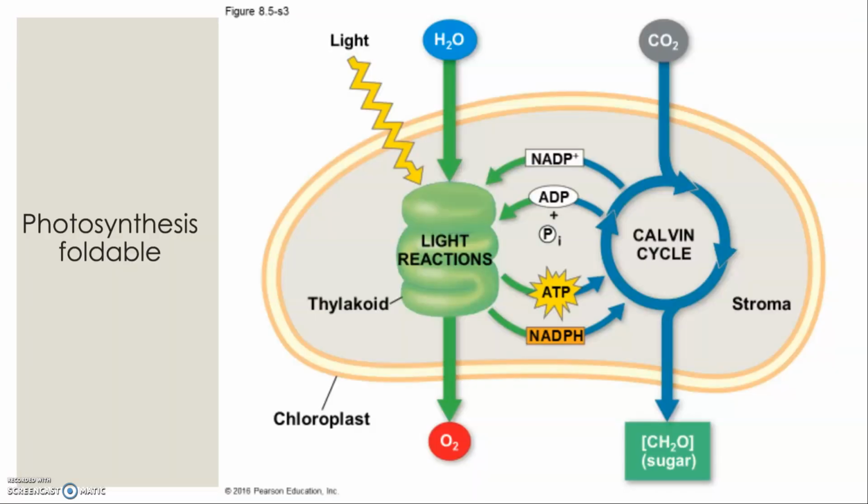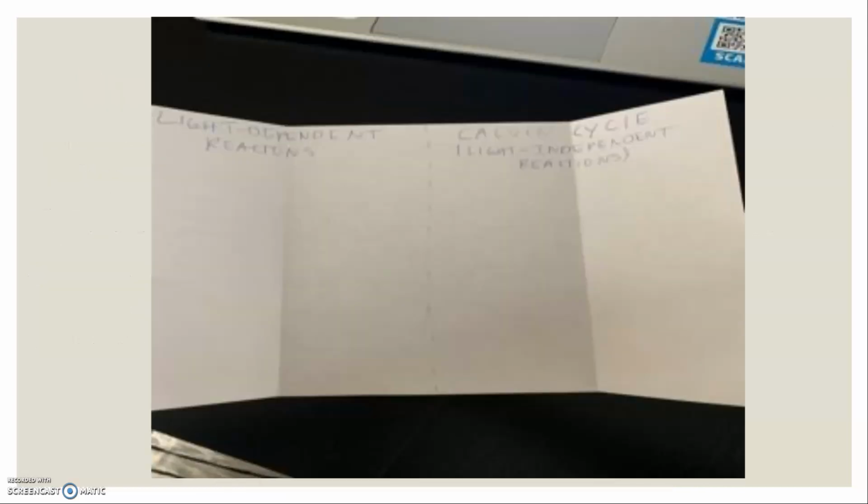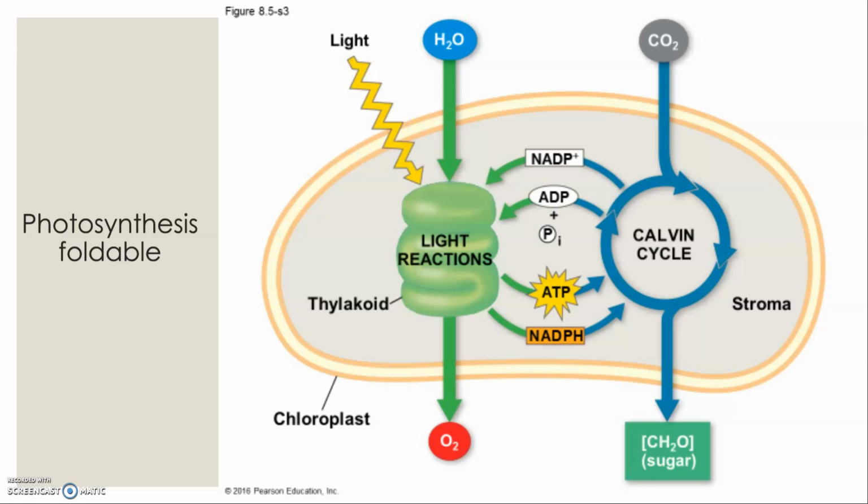Okay, here's the picture for the front of your foldable, and here's the slide for the basics of photosynthesis, including the chemical equation or formula given there as well. When learning about photosynthesis, you have to start from broad to specific. So here we are looking at the big picture.